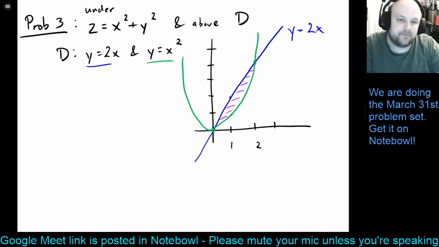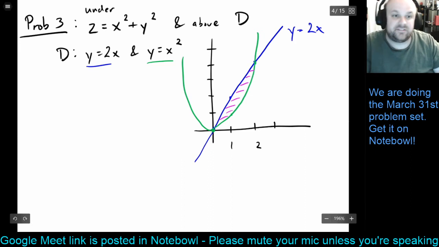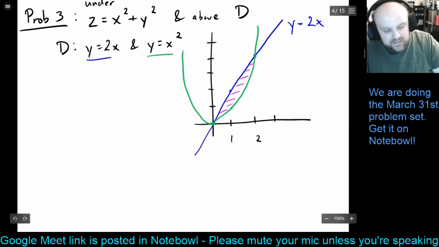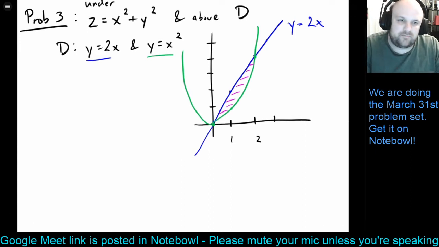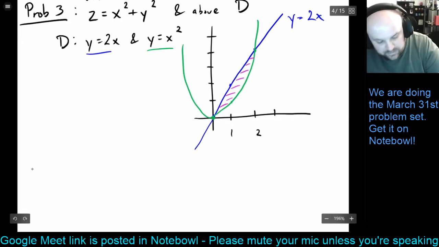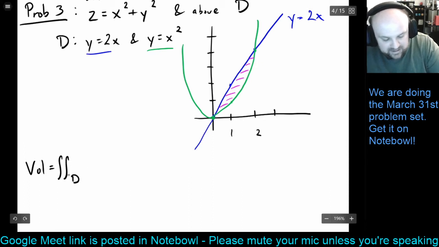So it doesn't matter which way we look at this one, which is kind of nice. Some regions are simple like that. Since we did bottom to top first last time, let's do left to right this time. So the volume is obtained by integrating over D this function right here.